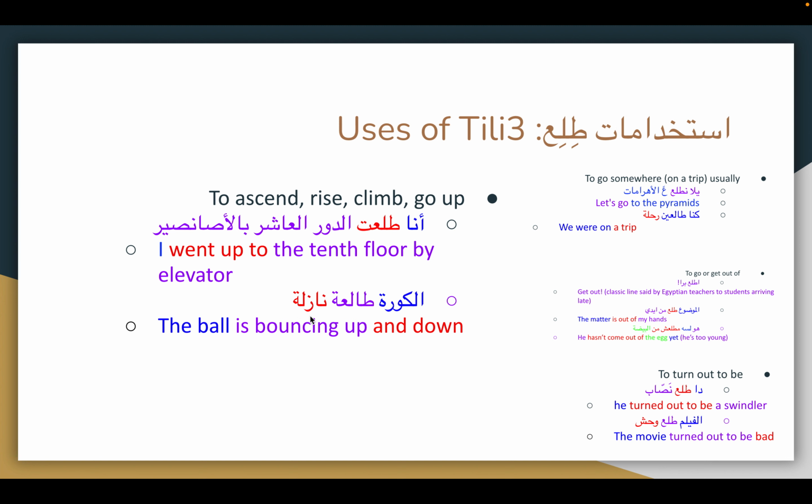But you can see this construction in other cases, like هو طالع نازل, like he keeps going up and down, usually meaning in and out of an apartment. And there's kind of a constantly or continuously kind of implied meaning to this, usually.